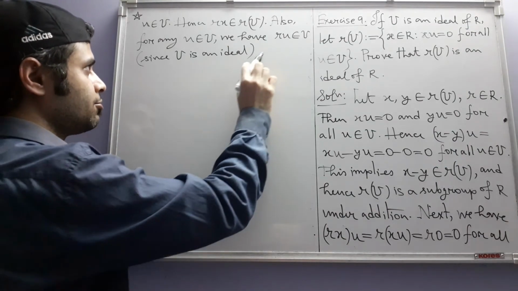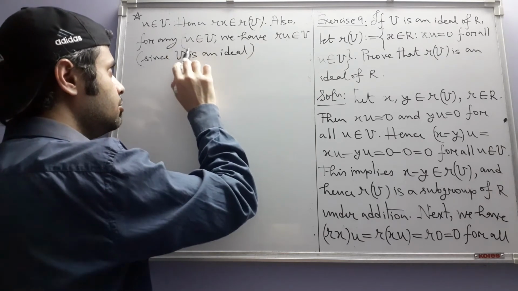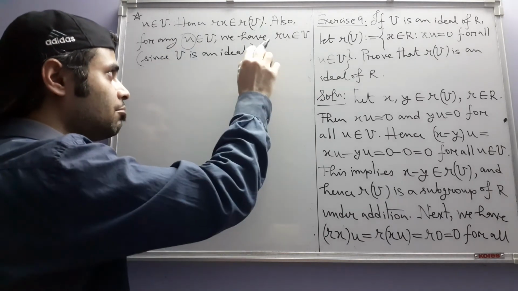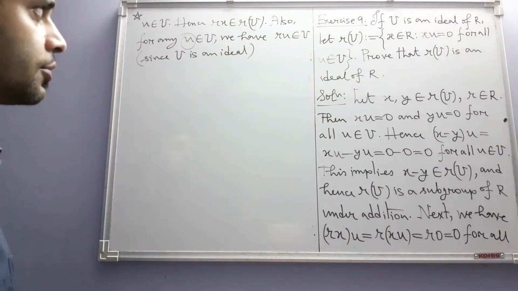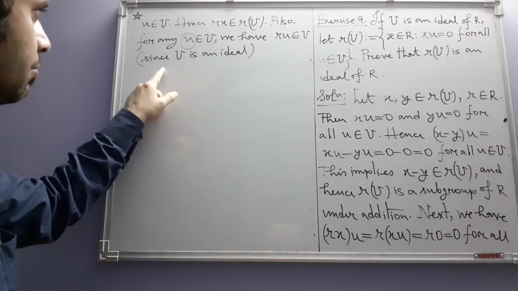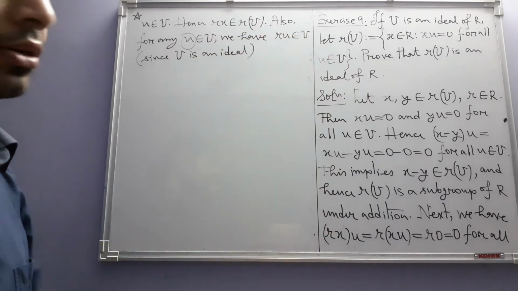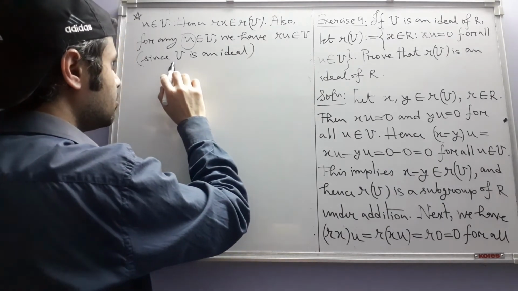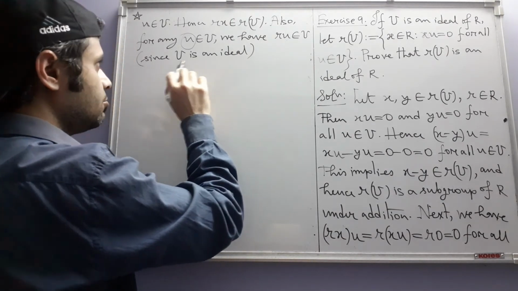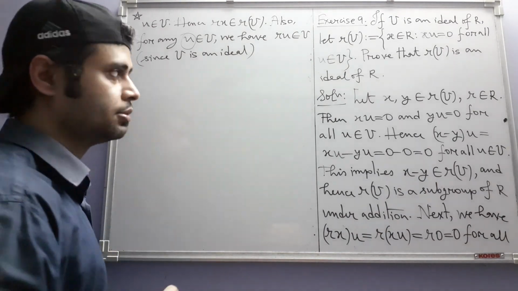We just use the fact that the element u in U is being multiplied from the left by a ring element. Okay, keep this in mind. We will need this fact in another exercise later on. That is, we only need one of the two conditions.